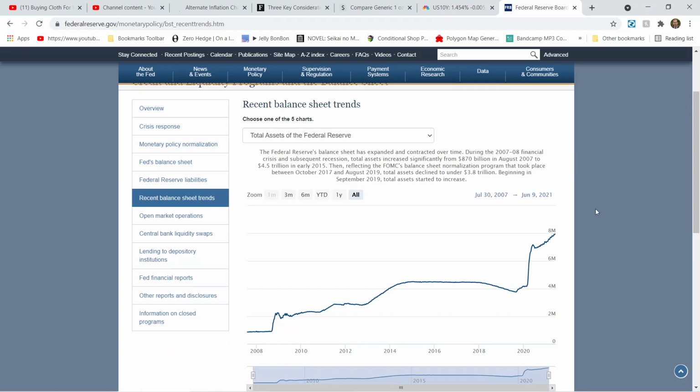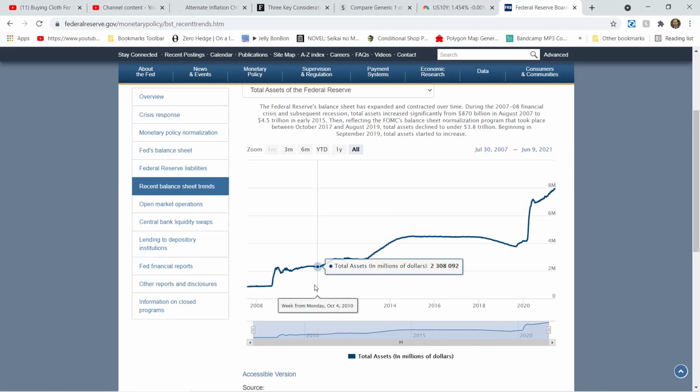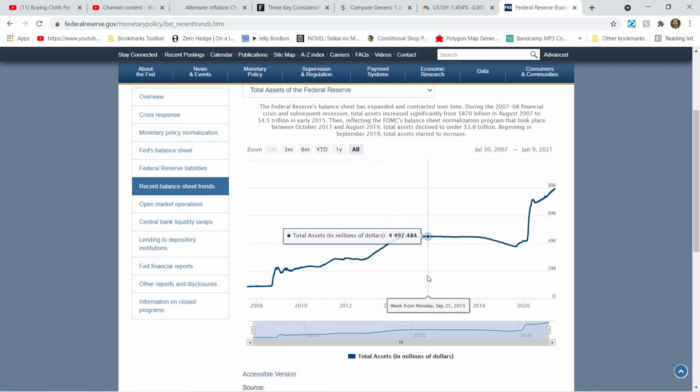So there it is, folks. You can see this is after 2008, and if you go back past this, it's relatively flat before 2008. And this is almost all the quantitative easing and programs and such that we did in response to the 2008 housing crisis.